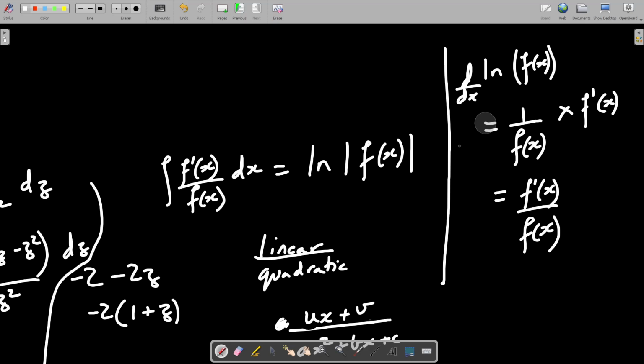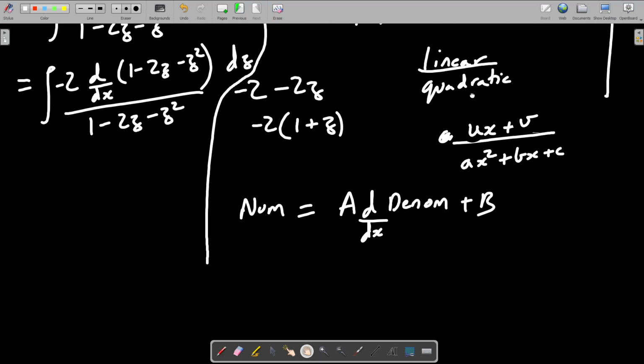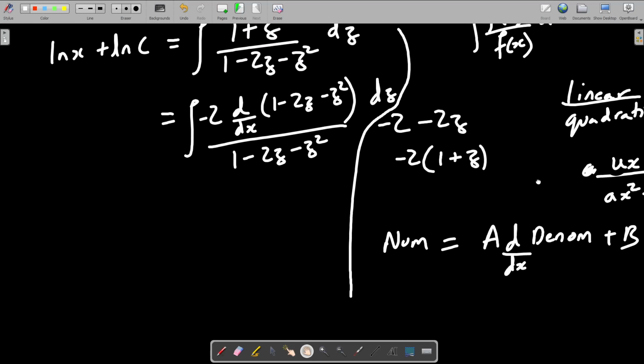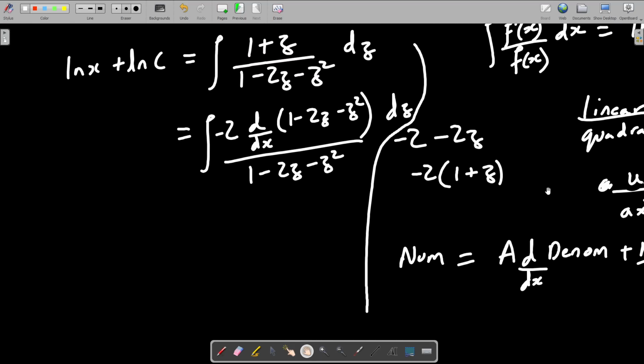Okay. So hence we have here minus 2 times ln of modulus of 1 minus 2z minus z square.